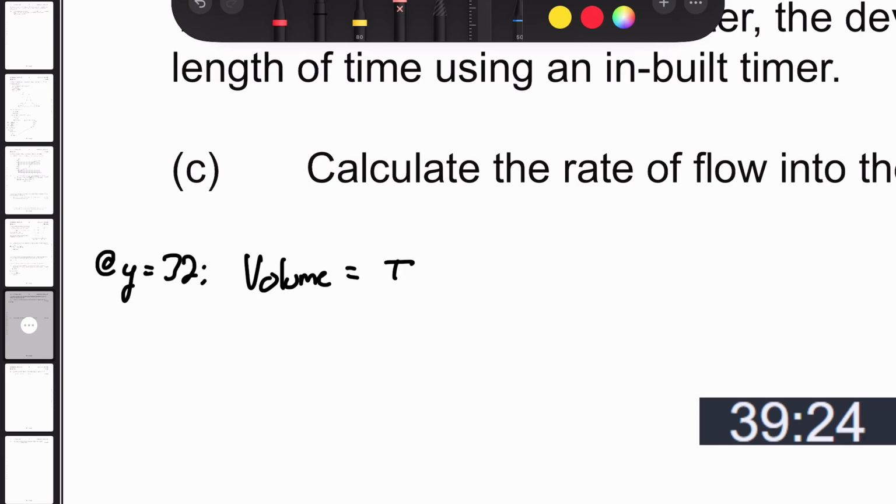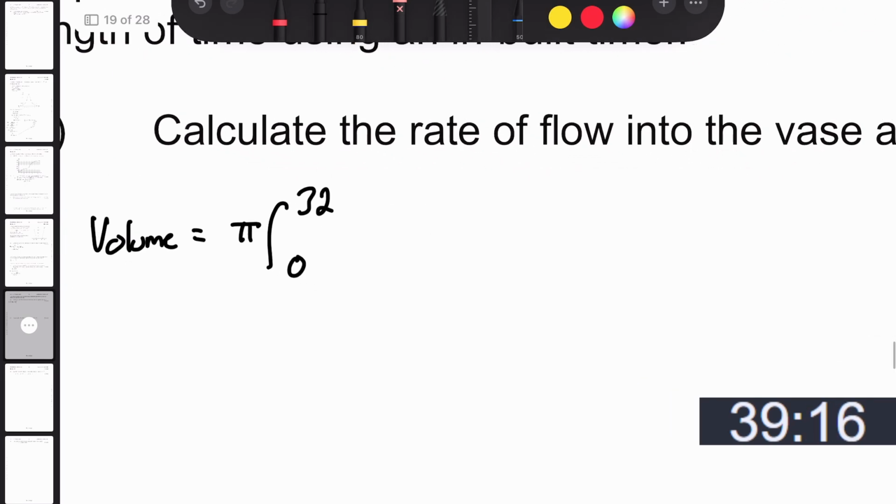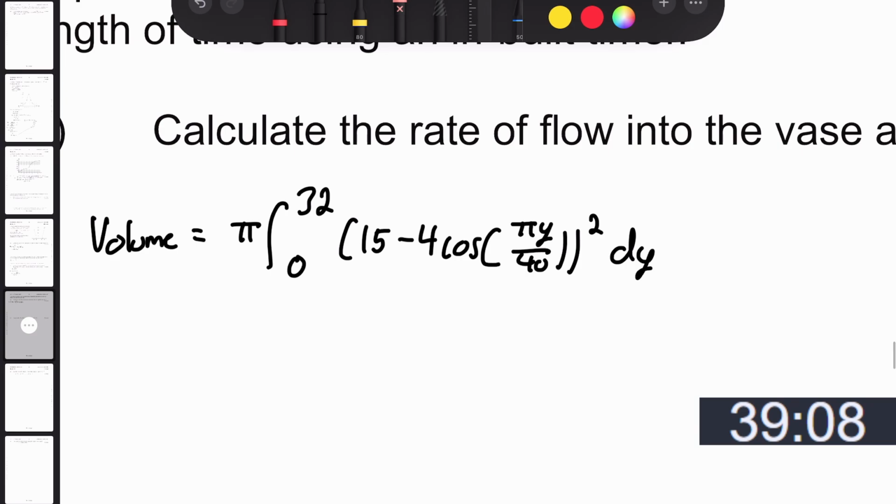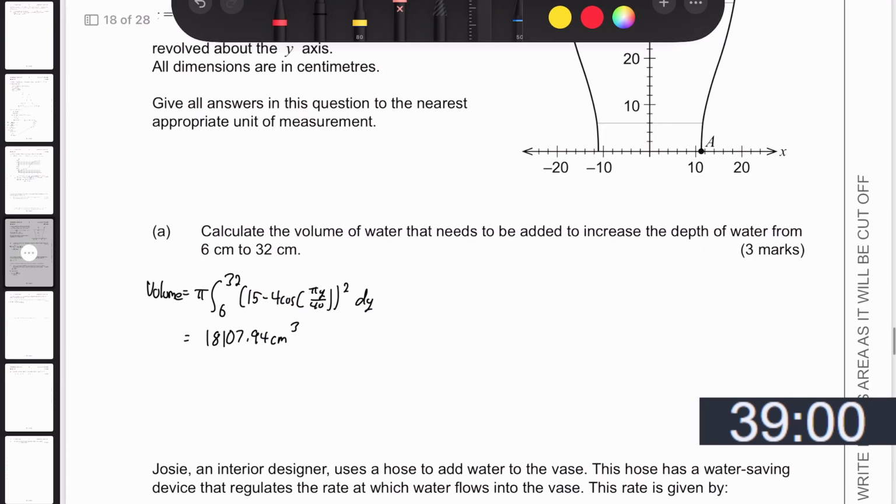Volume is equal to pi integral from 0 to 32. We want to rotate all of this about the axis. So then it's again 15 minus 4 cosine of pi y on 40, squared, dy. So finding what this is, it was pi on 40, right?